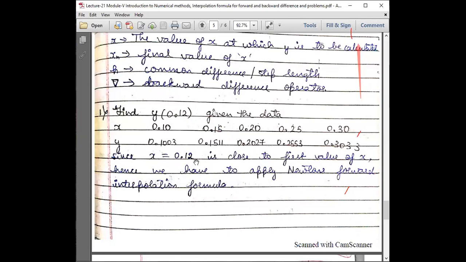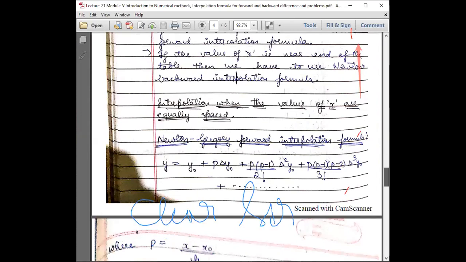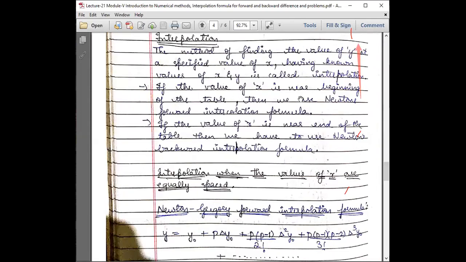x is the point 0.12. So 0.12 is nearer to the first value 0.10. As I already said, if the value of x is nearer to the beginning of the table, then we have to use Newton's forward interpolation formula. If the value of x is nearer to the end of the table, then we have to use Newton's backward interpolation formula.